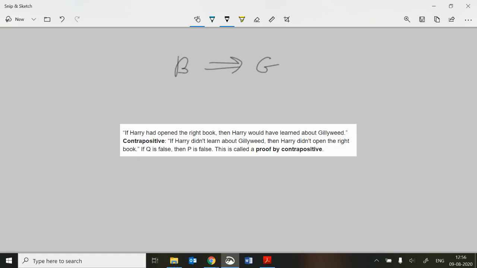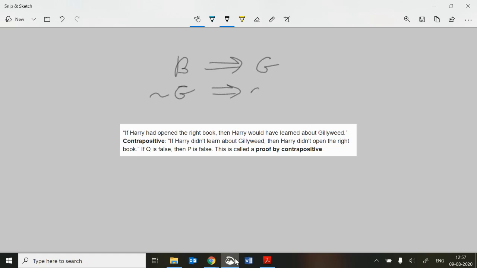Now, the contrapositive is an equivalent statement. So the contrapositive says, if Harry didn't learn about gillyweed, so we can say, if, put this curly thing, sometimes in logic they write it like this, but we're going to just write it as a curly line, not G. So if Harry didn't learn about gillyweed, that implies that Harry didn't open the right book.